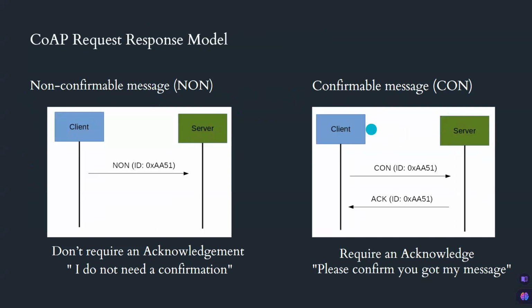When you refer to the internet and other sources, you might not see the exact words saying quality of service levels for CoAP, but you can consider that these methods of sending information in CoAP enable us to ensure communication reliability, right? So if you are asked about quality of service, or if you have to analyze or explain the reliability of a communication, you can compare these types of communication methods. Under CoAP, you can compare these types of communication. Under MQTT, you can compare the QoS levels of communication.